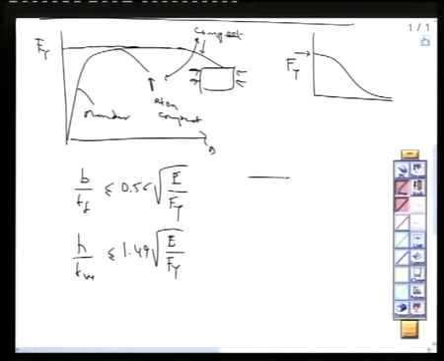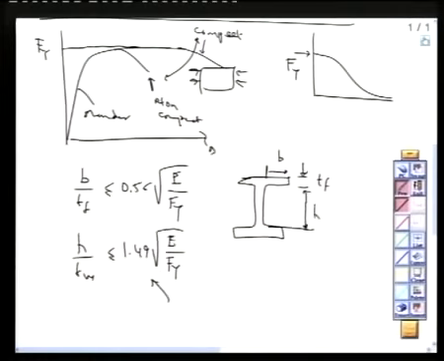This is for unstiffened. Unstiffened plates means plates that are connected only at one part, like the flange, where this is b and this is tf. And this equation is for stiffened plate, like the web, where this is h and this is tw.